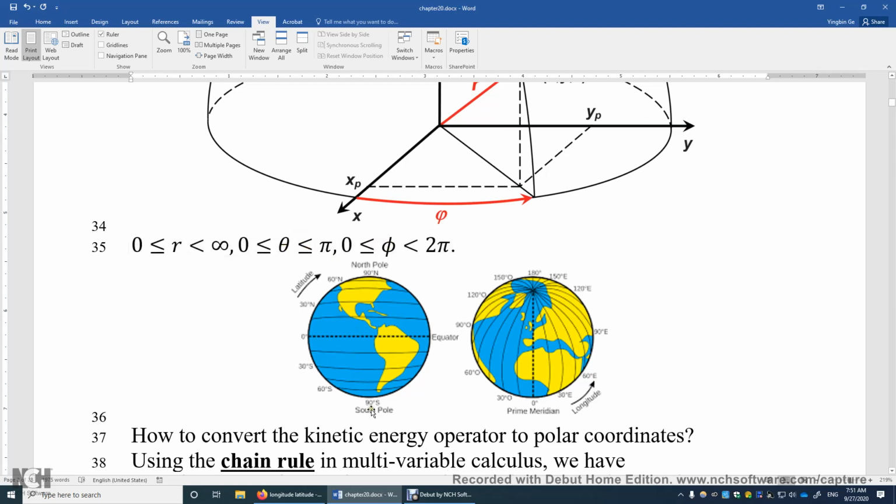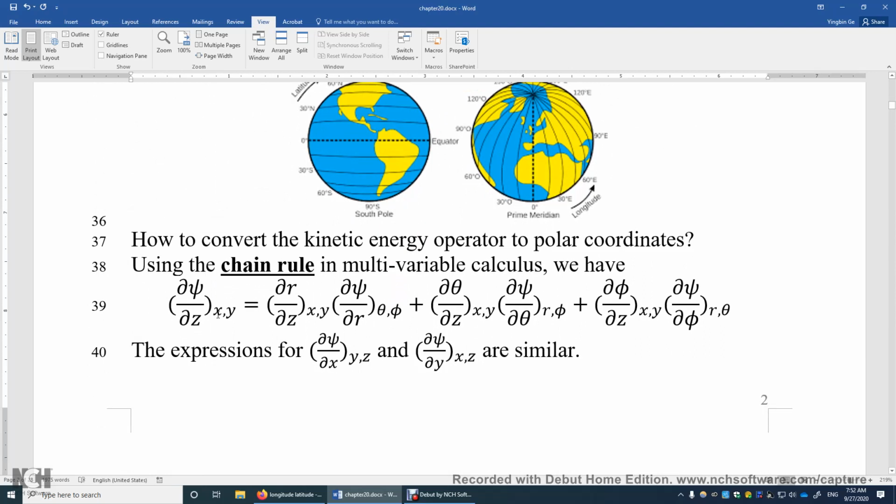It can be 0, it can be pi. It's different. Cosine 0 is 1. Cosine pi is negative 1. Alright, so there's a difference. But over here you can see phi can be 0, but phi cannot be 2 pi, because when phi is 2 pi, well, that's simply 0.